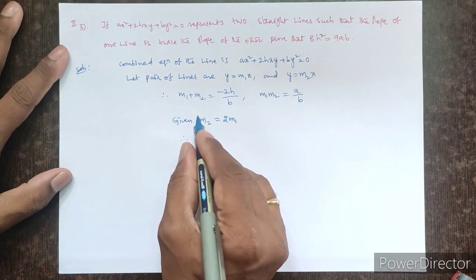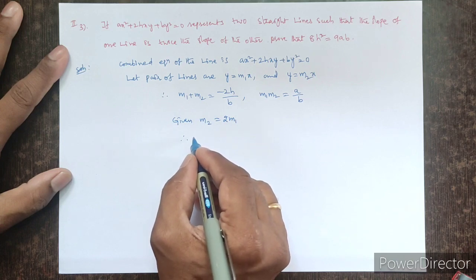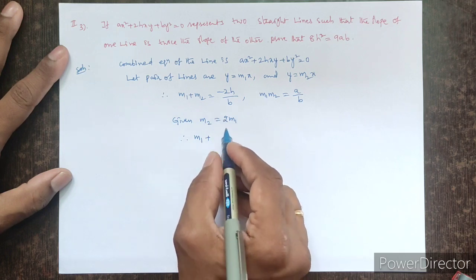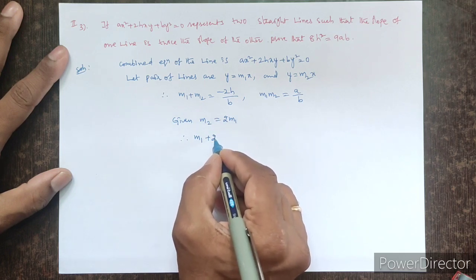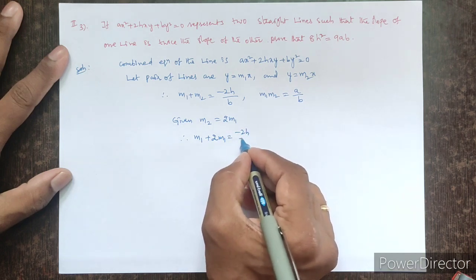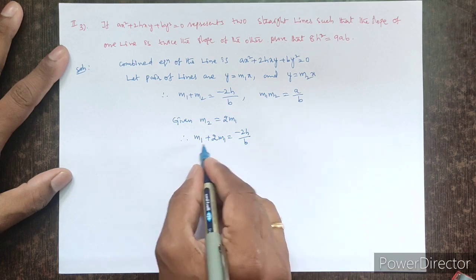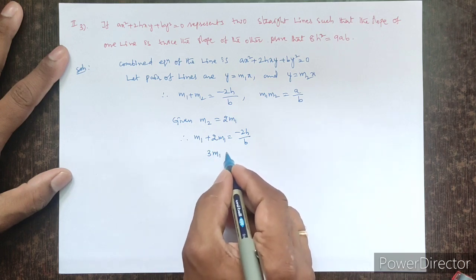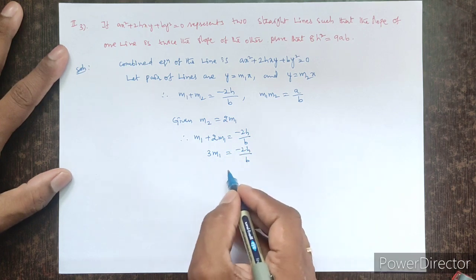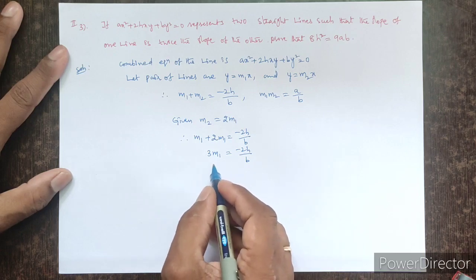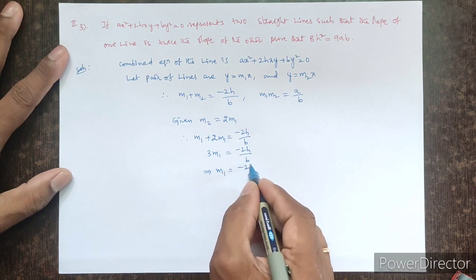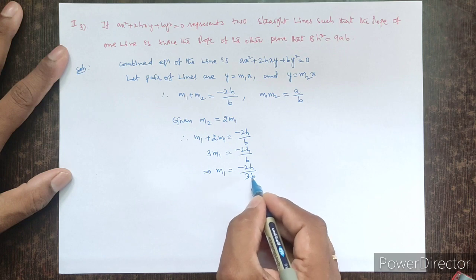Therefore, by the sum, you can substitute m2 with 2m1: m1 plus 2m1 equal to minus 2h by b. m1 plus 2m1 is nothing but 3m1 equal to minus 2h by b. What is m1? Minus 2h by 3b.